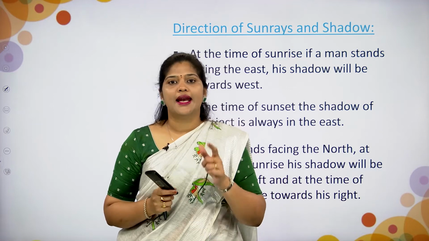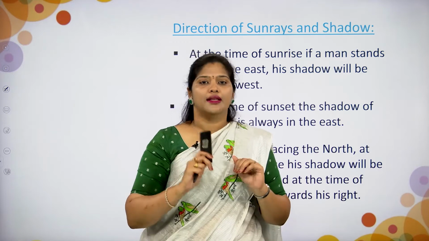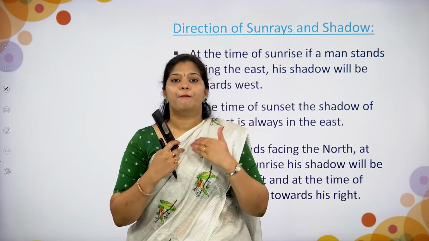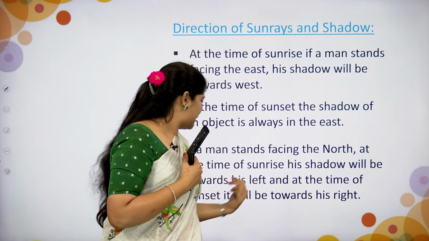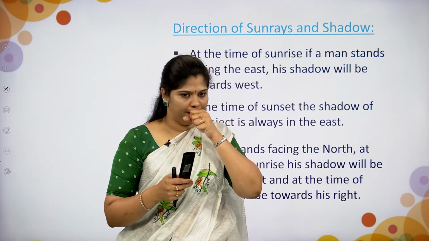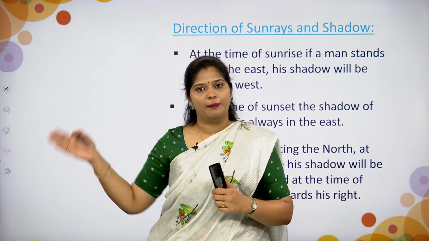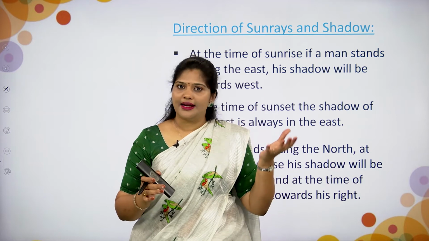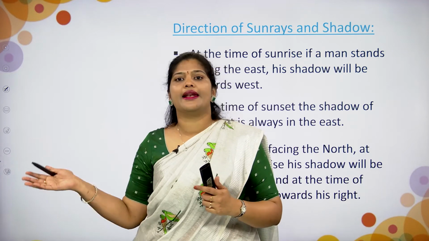At sunrise time, if I stand facing north, my shadow will be towards my left direction, and at sunset time, if I stand facing north, my shadow will be in the right direction. Okay children? At sunrise it is on the left side, and at sunset it is on the right side.